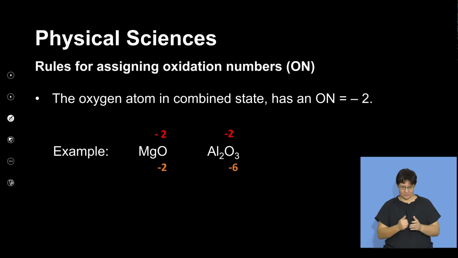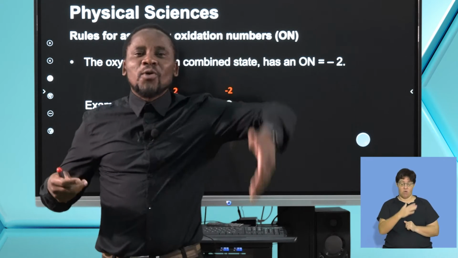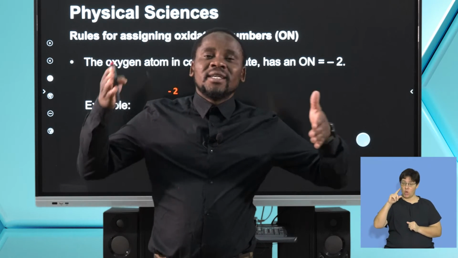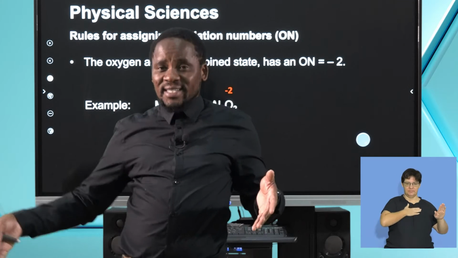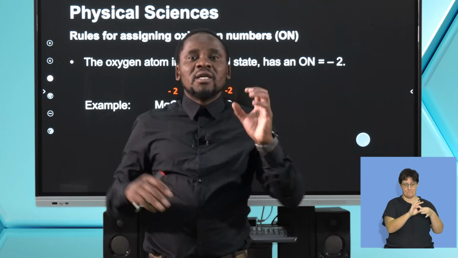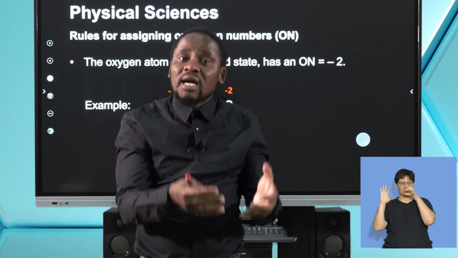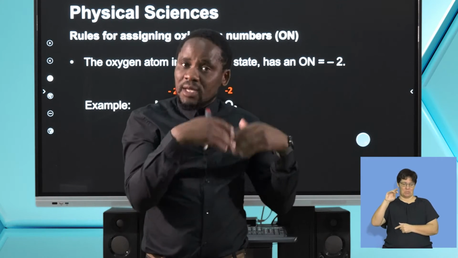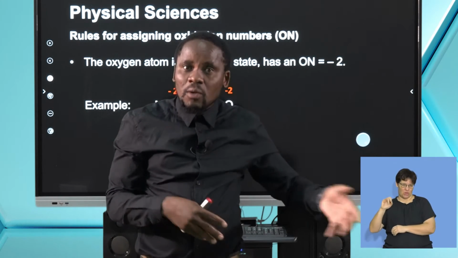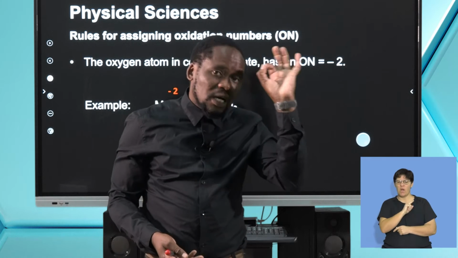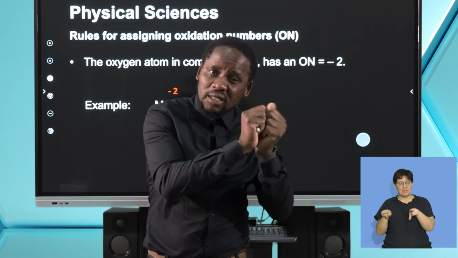What about the oxygen atom in a combined state? There's a difference between oxygen as a molecule of an element and oxygen in its combined state. As a molecule of an element, that's the O2 part, because in nature that's how it exists, as a diatomic molecule. Why are we saying element? Because these are atoms of the same kind that are chemically bonded together.